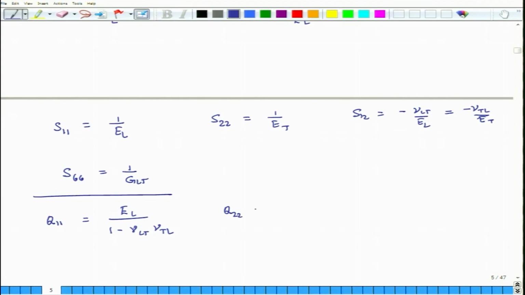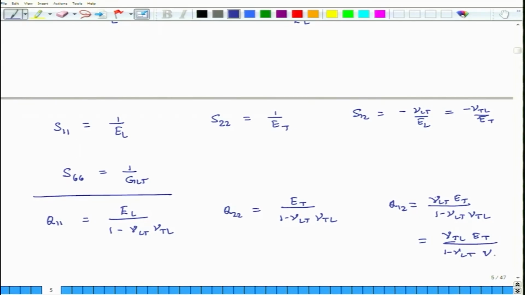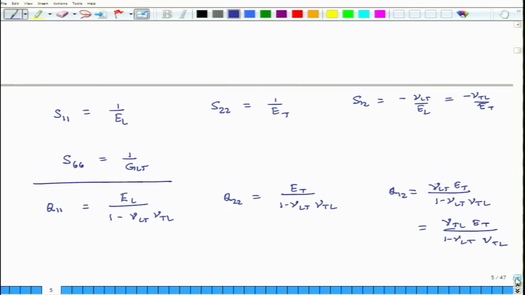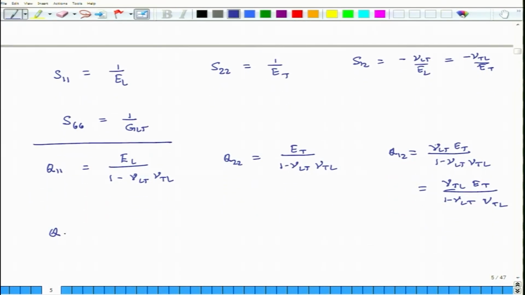Q22 equals ET divided by 1 minus nu LT nu TL, and Q12 equals nu LT ET divided by 1 minus nu LT nu TL, and you can also write it as nu TL ET divided by 1 minus nu LT nu TL. And finally, Q66 equals GLT.